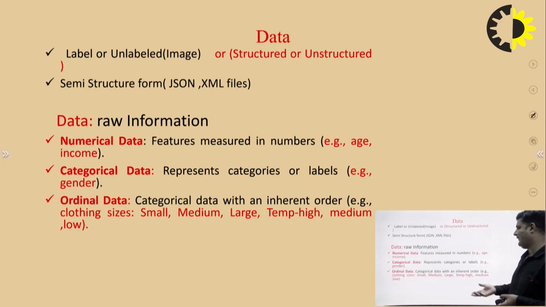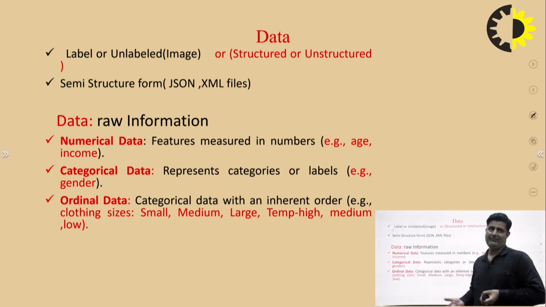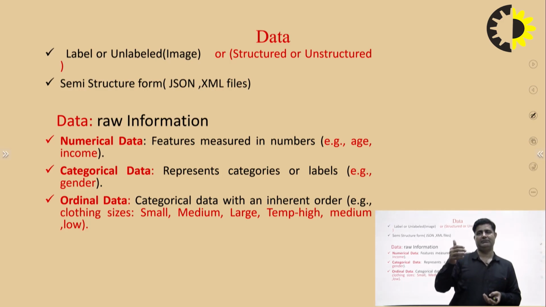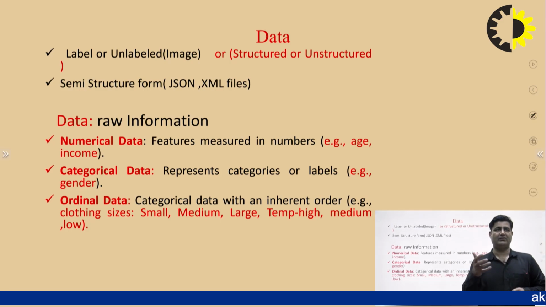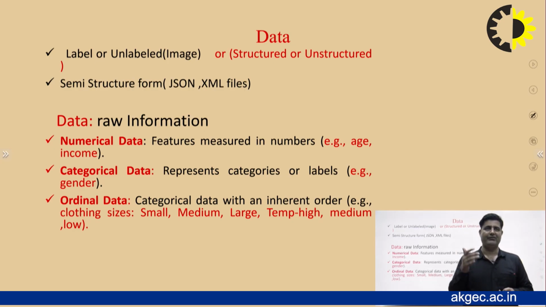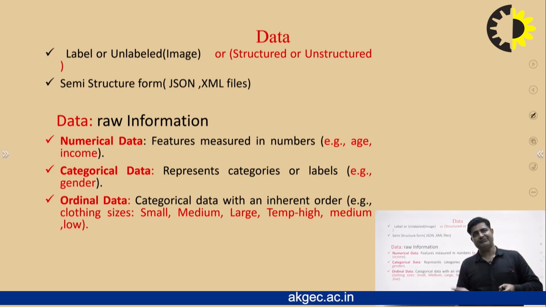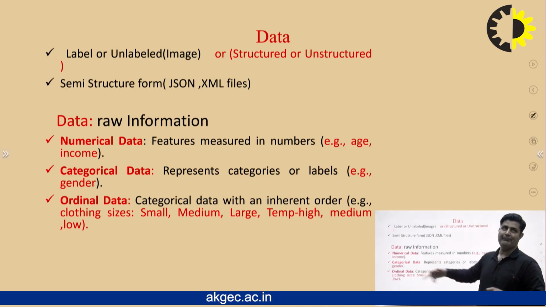Sometimes we have a different type of data, the categorical data, which means we represent the data in some label form. For example, the input feature could be male or female, so we classify into two parts. Sometimes we have temperature as high, medium, low. This data can be present in both the input feature and the output feature.